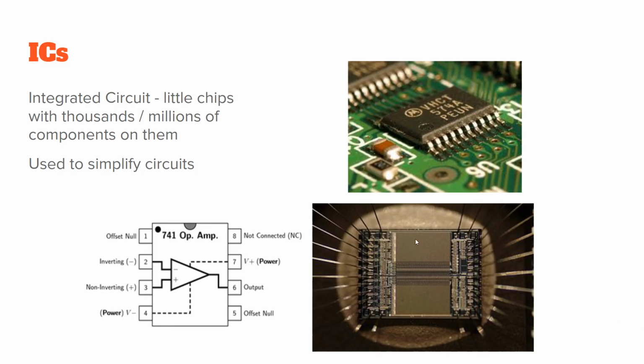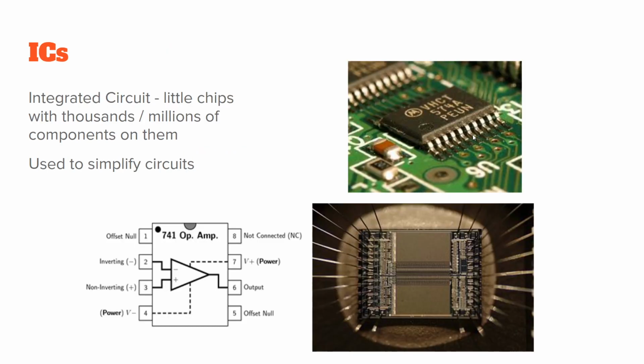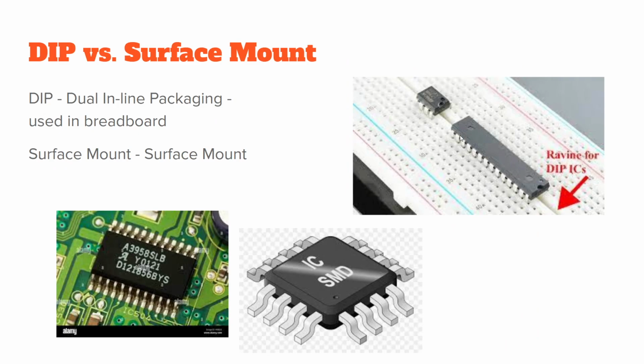ICs come in two general classes. One of them is called DIPs, dual inline packages. Those are the ones that you've seen on the last slide, where they have two lines of pins like this, dual inline packaging, and those are used on breadboards.